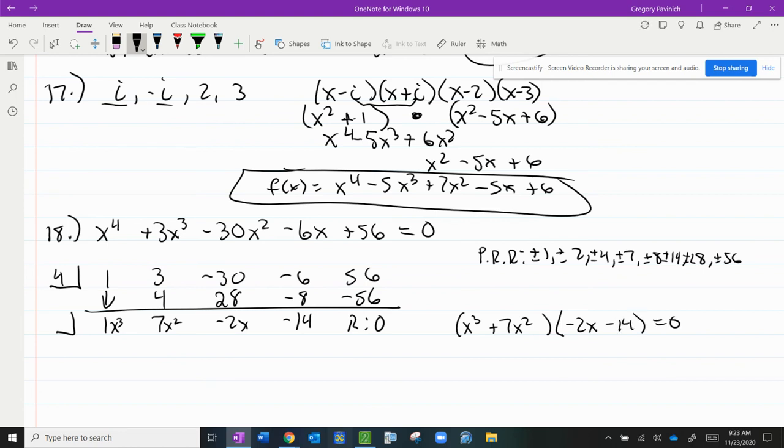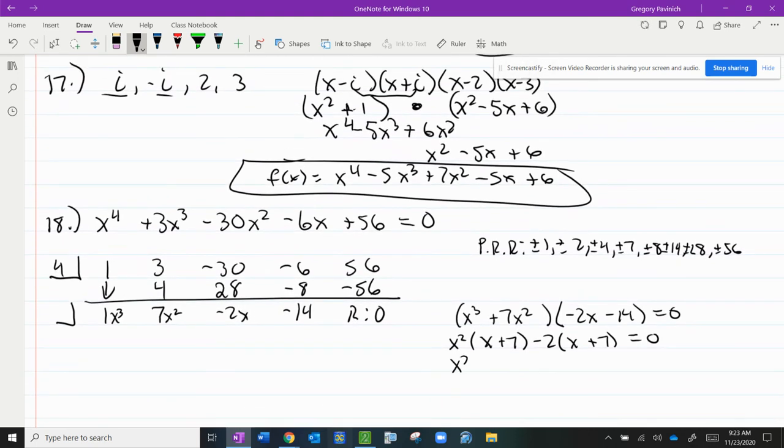Whenever I have 4 terms, just look. You could have looked there on my factoring and said, hey, I noticed that I pull out the same factor out of both binomials. We left the same part underneath, so it would have been x squared minus 2 times the common factor x plus 7.